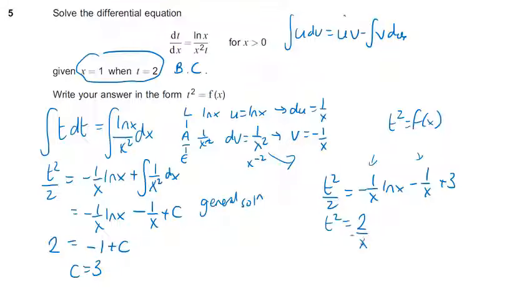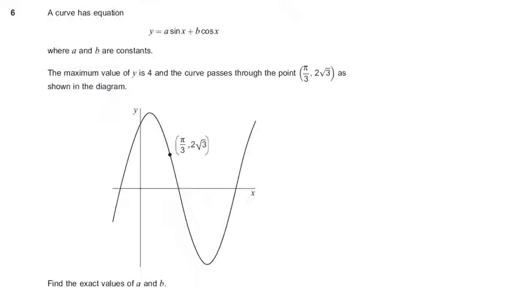Right, question 6. We've got a curve in the form a sin x plus b cos x. We're told it has a maximum value of y is 4, and the curve passes through this point here. And I need to find a and b.